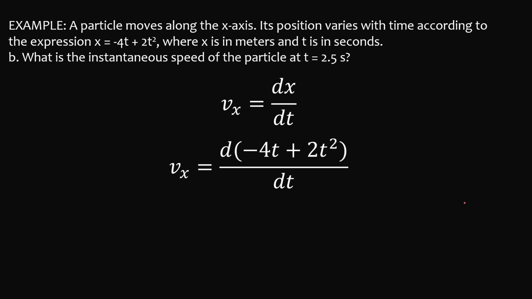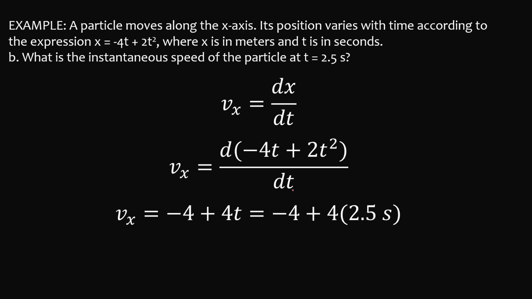So we get the derivative of the function negative 4t plus 2t squared over dt. And if you remember your calculus, that is equal to negative 4 plus 4t. Remember that we move the exponent downwards and then we subtract 1 from the exponent. So negative 4 plus 4t. Now that we have an expression for the slope of this curve, we just need to specify which part of the curve we need to find the slope of by substituting the value of time that we need.